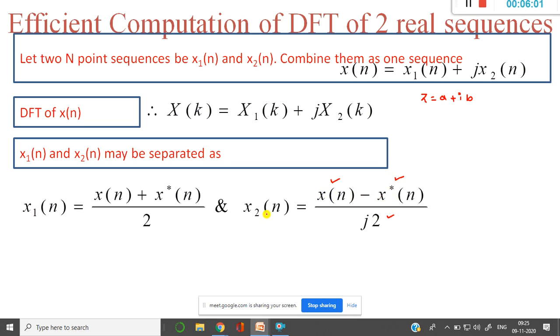So this is how the real part x1 and the imaginary part x2 are obtained back.